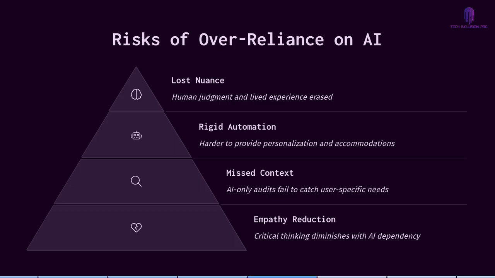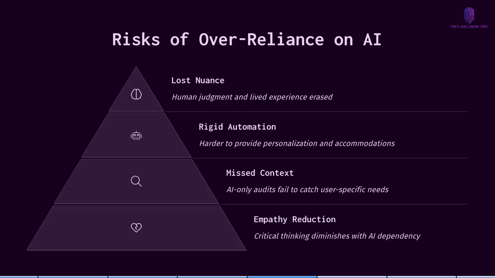There's missed context, so AI-only audits fail to catch user-specific needs. Let's say you put a final paper into a course and say, I want you to grade this paper based on the rubric items. It's not going to be an expert on the content area, or how things are spoken, or what topics are being covered, or what resources are being supported in those moments. You still need that human factor. You are still the subject matter expert.